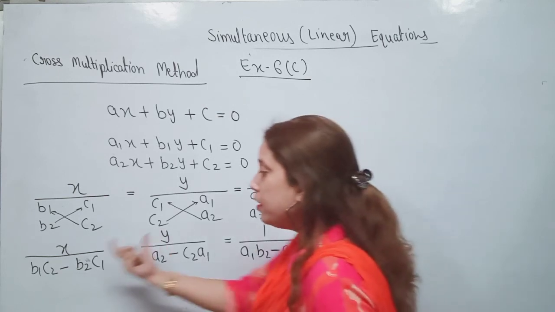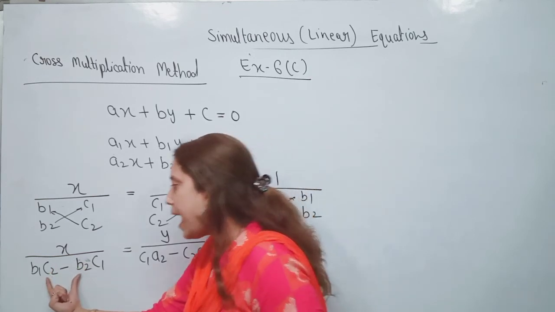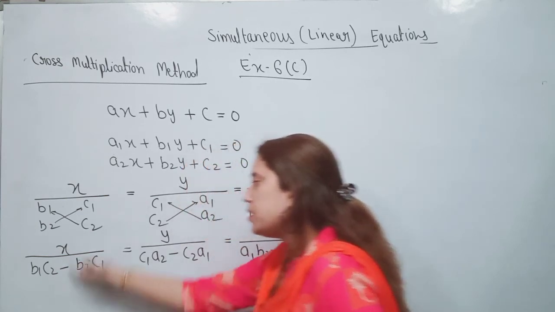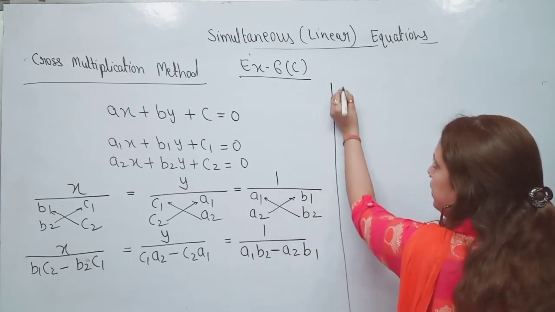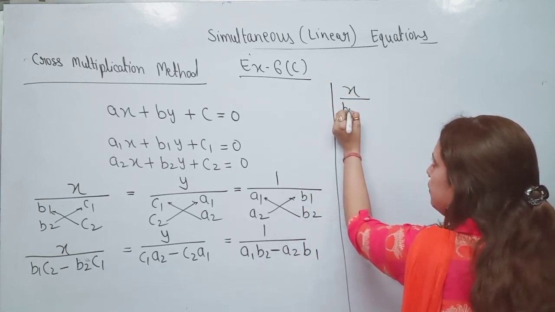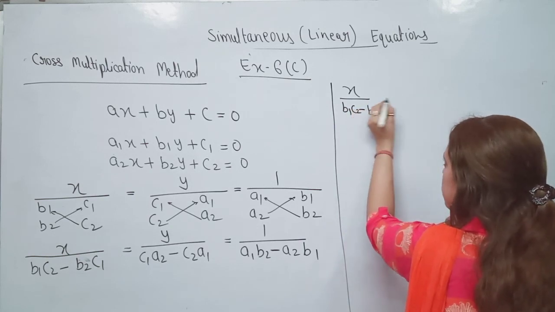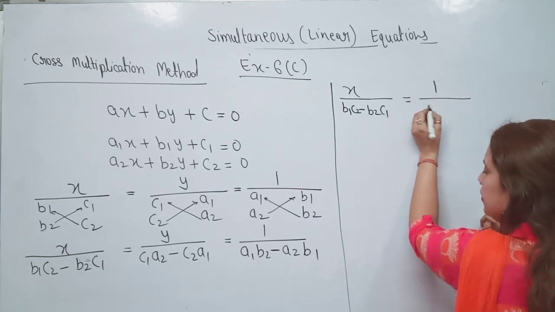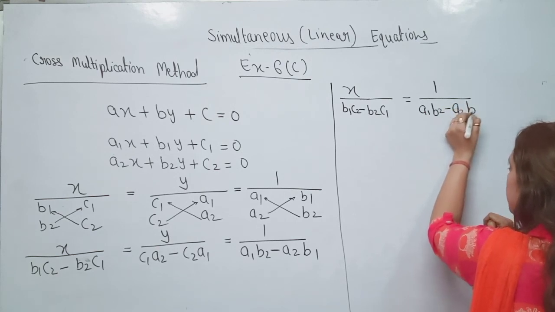After that, for finding the value of x, we equate x upon b1 c2 minus b2 c1 with 1 upon a1 b2 minus a2 b1.